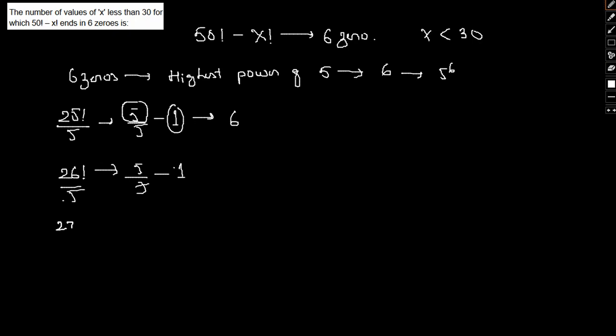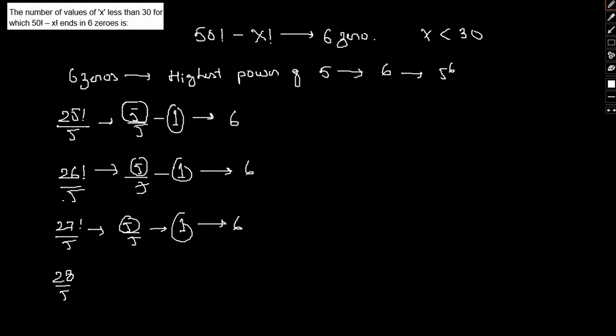Okay, similarly for 27 factorial, again we'll have 5 by 5, again 1. For 28 factorial, again 5 by 5, 1, again 6. Similarly for 29 factorial, again we have 5 by 5, 1, or 6.